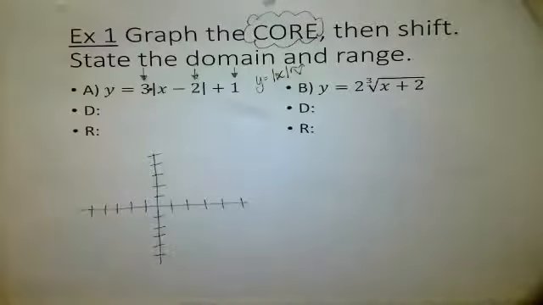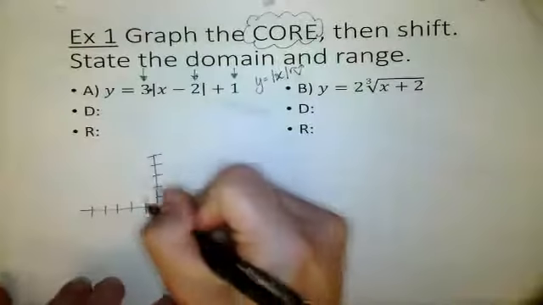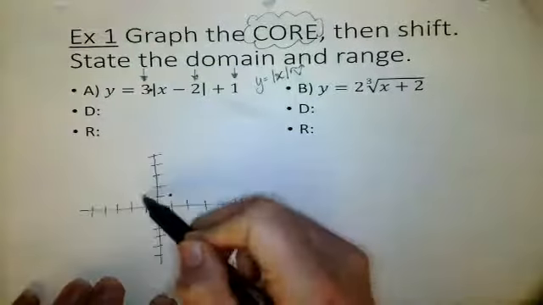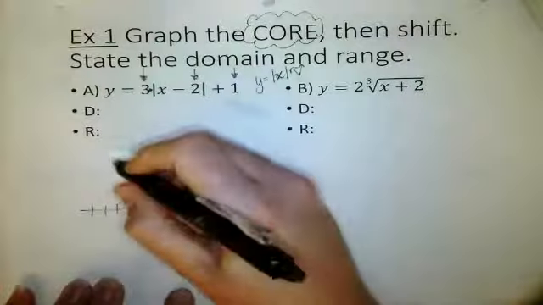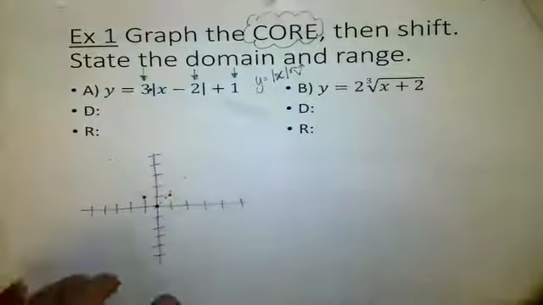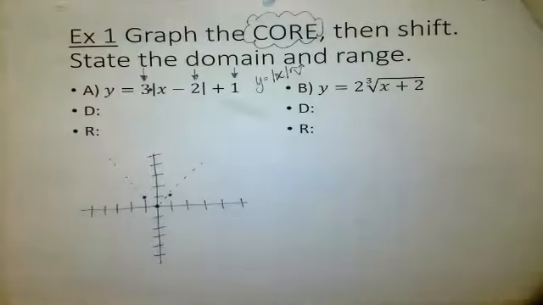And those 3 points that the V passes through are -1, 1, 0, 0, and 1, 1. And so this is our base function here, this absolute value V. But it's just for reference because we're going to do a little transformation here.